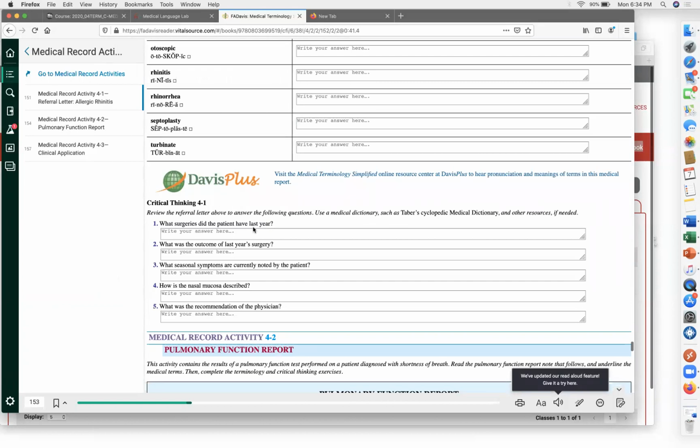Can this easily be a multiple choice question? What surgeries did the patient have? A, septoplasty. B, mammoplasty. C, appendectomy. D, what else did we, pharyngostomectomy. And of course, we talked about in her history, she had a septoplasty.